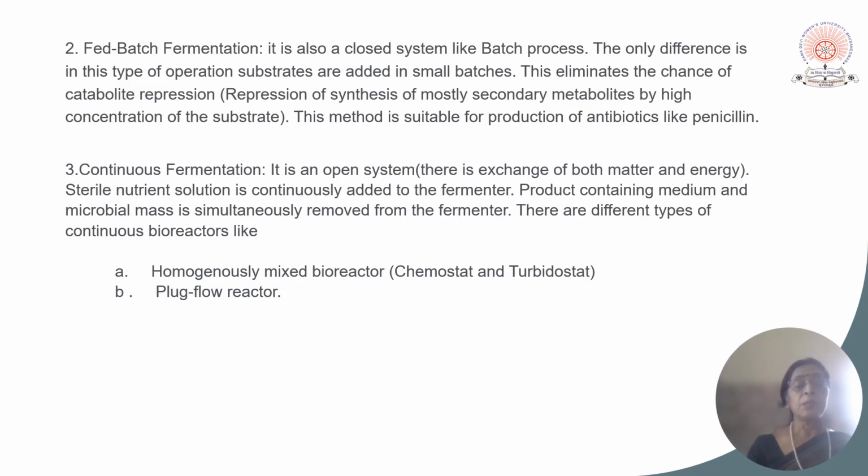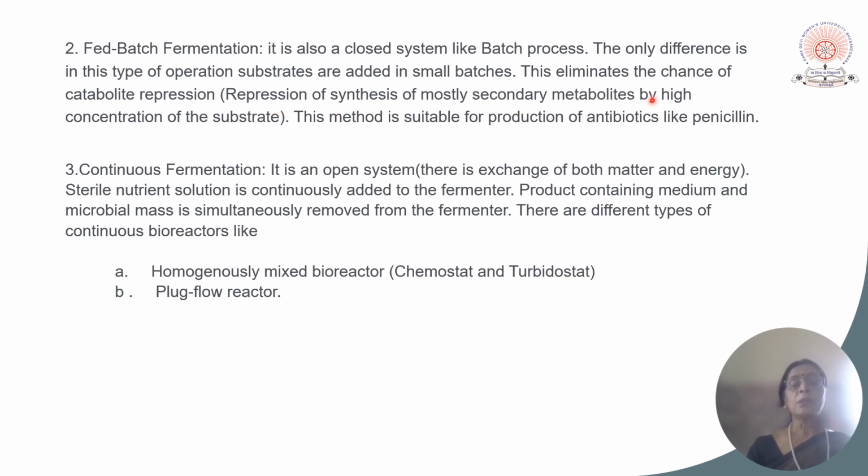Fed batch fermentation is also a closed system like the batch process. The only difference is that in this type of operation, substrates are added in small batches. At time gaps, small amounts of substrates are added because sometimes, as in the production of antibiotics like penicillin, a heavy amount of substrate from the beginning represses the synthesis of the antibiotic.